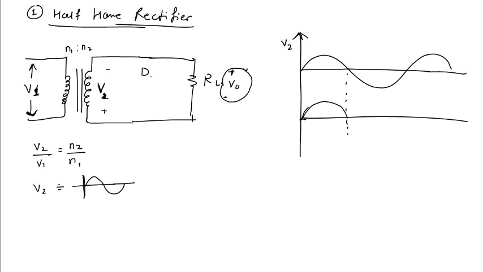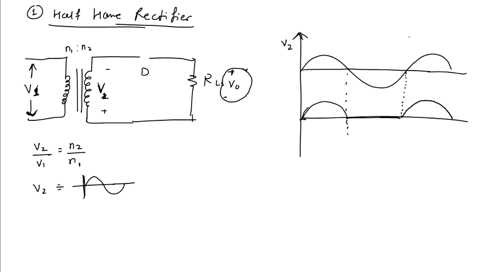If the diode is reverse biased, it will be replaced by an open circuit, and the voltage across the load resistor will be zero as there is no current in the circuit. So I into RL, the output voltage, will be zero. So in this way we will get this waveform.